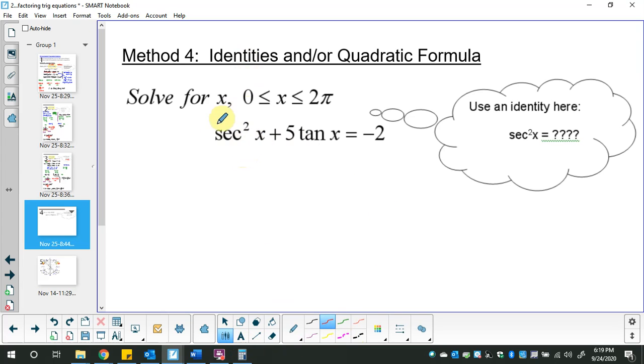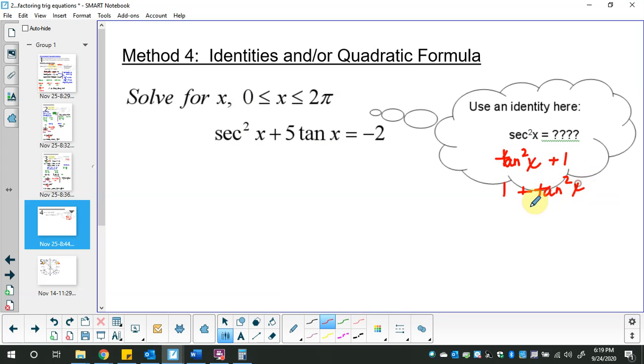we've got secant squared x and tan x. There's no way to turn tan x into secant x, but there is a way to turn secant squared x into tan. I don't know exactly which one's written on the sheet, but secant squared x is equal to tan squared x plus 1, or 1 plus tan squared x.